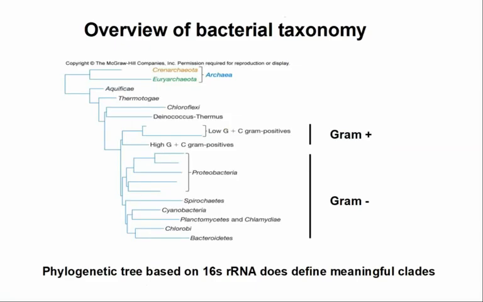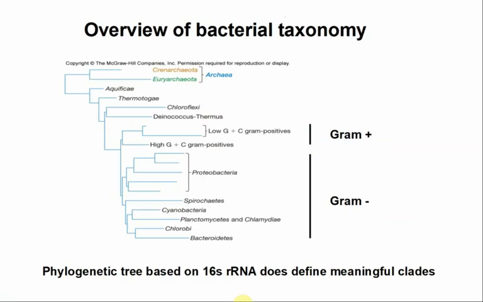Okay, so does this really tell us something interesting about higher level classification of bacteria? This is a phylogenetic tree I copied out of the textbook, Prescott's Microbiology. It's a simplified phylogeny of the major groups of bacteria, eubacteria and archaebacteria, based on 16S ribosomal RNA sequencing.